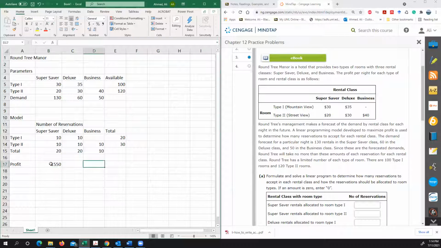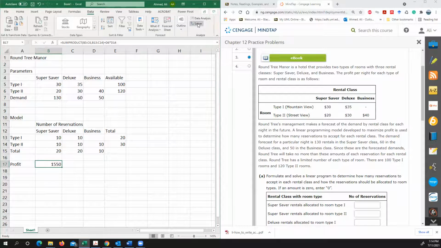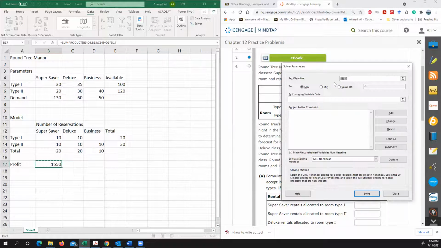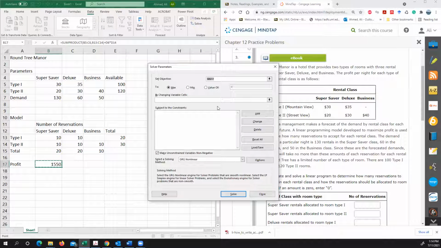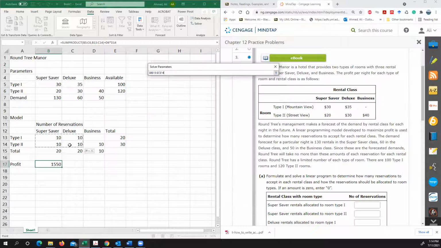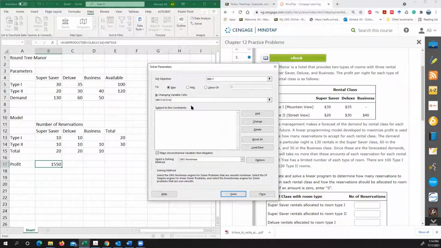Now, once we have this, putting in all the constraints is very easy and straightforward in Solver. Let's open Solver. We know what we have to maximize. Our objective is to change this cell, making sure it's a maximizing problem, by changing the values of this area. And by putting a comma, I'm saying, and this area. This is a critical input here.